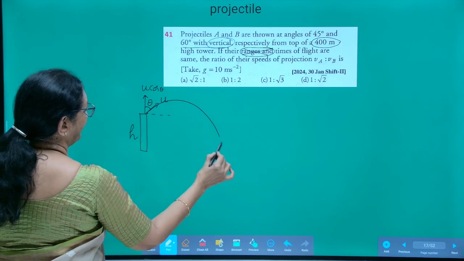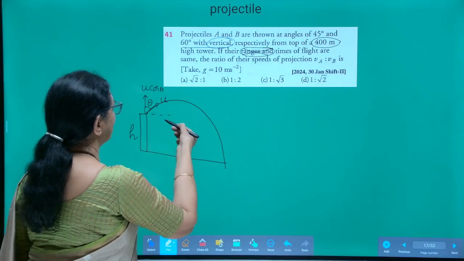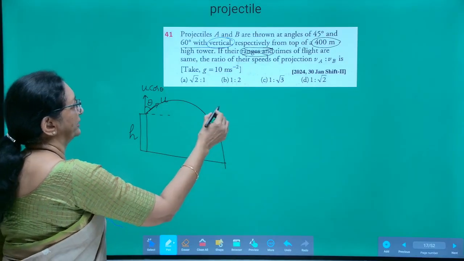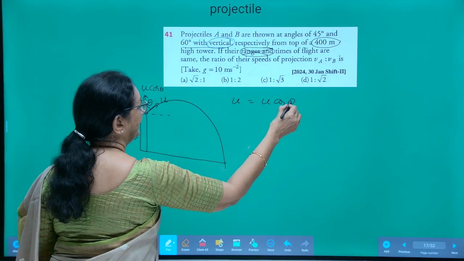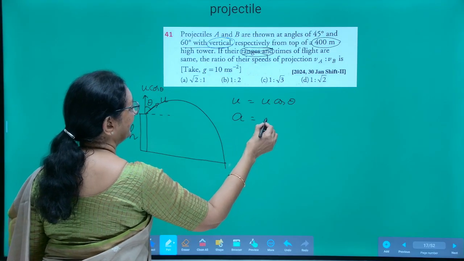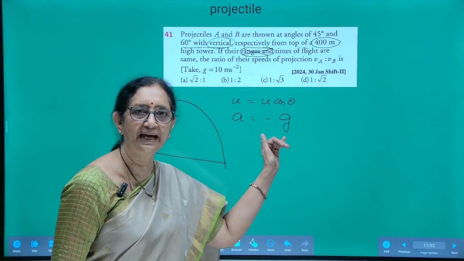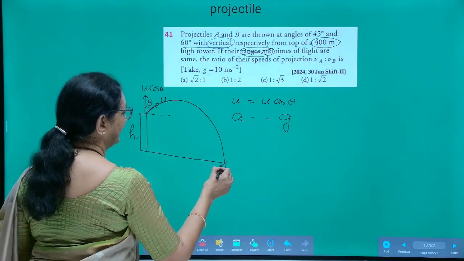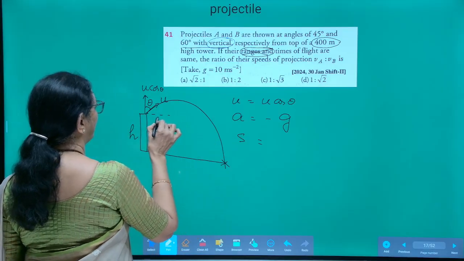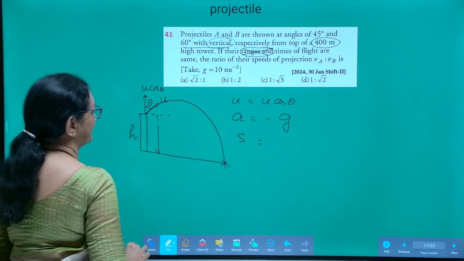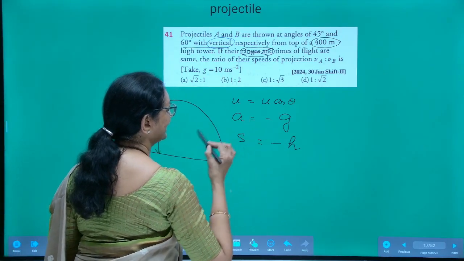So, it takes a parabolic path and it reaches the ground. In this case, if you consider the vertical motion, velocity is u cos theta in the upward direction. Acceleration is g, as it is in the downward direction, we take it as minus g. Vertical displacement on reaching the ground is s, and as it is downwards, this is minus h.